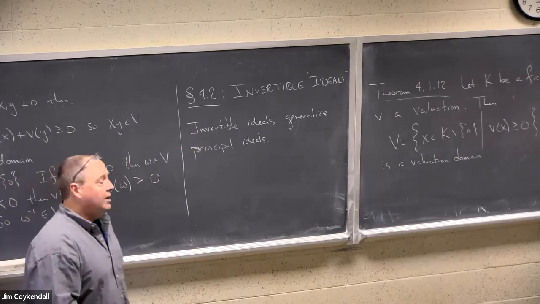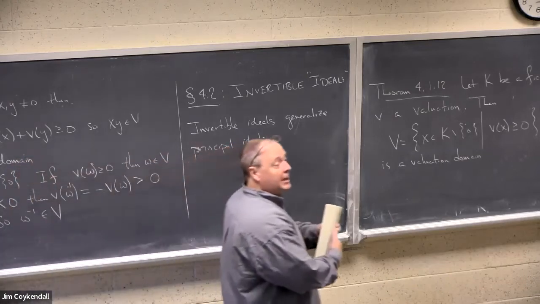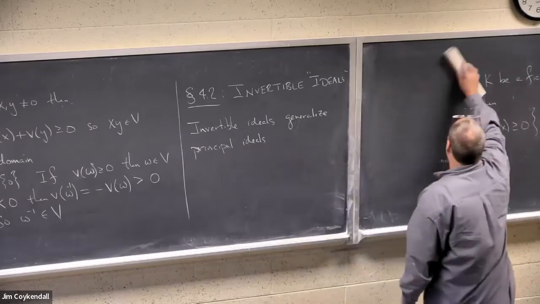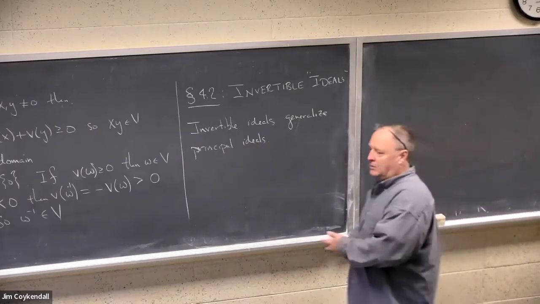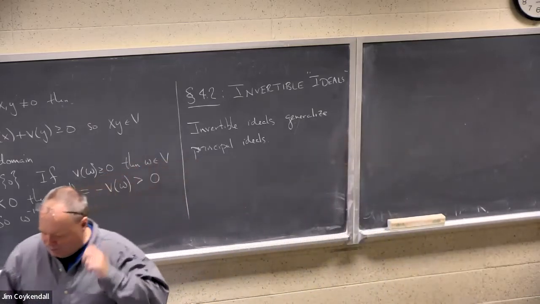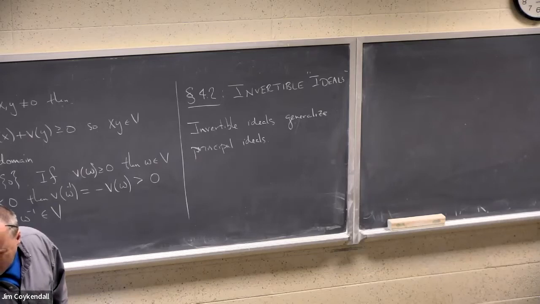In a certain sense, in fact, in the rings that I like to look at, there's an intimate connection between invertible ideals and principal ideals. So, for example, well, I'm going to give two examples. Probably not too soon on that. So let me give you a definition here.